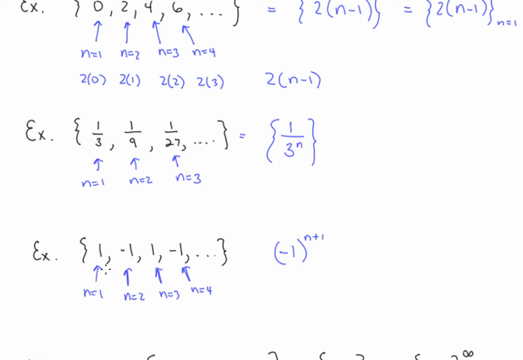Now when n is odd, we have an even exponent, and this becomes +1. That's what we need. When n is even, this becomes an odd exponent, and we get -1. So that is the notation we're looking for. And you might not have seen this before, so you might not have thought of this on your own, and that's perfectly okay. But it is going to come up a lot, so you definitely want to remember this.